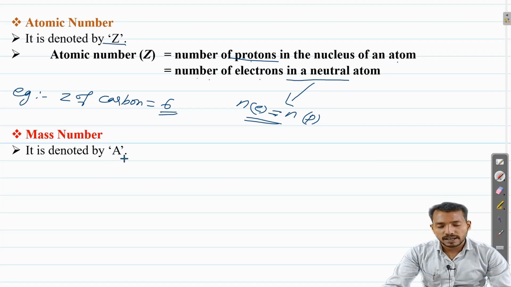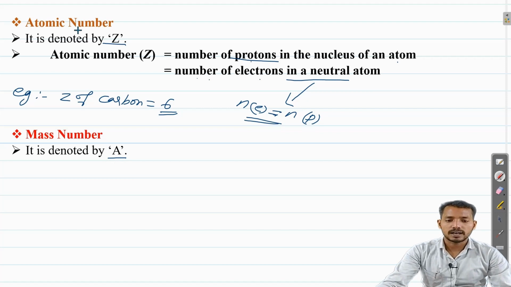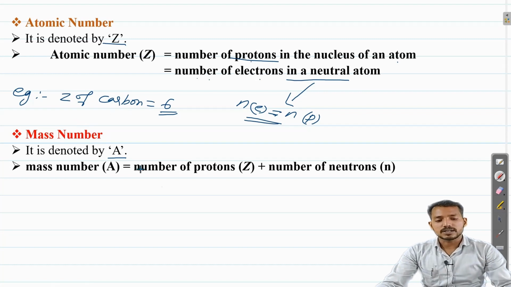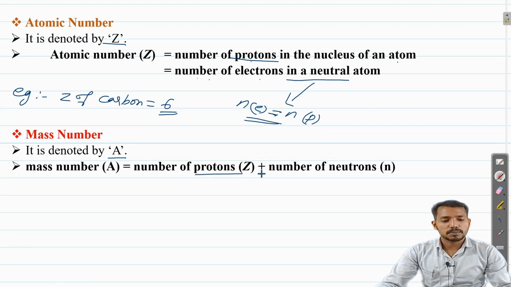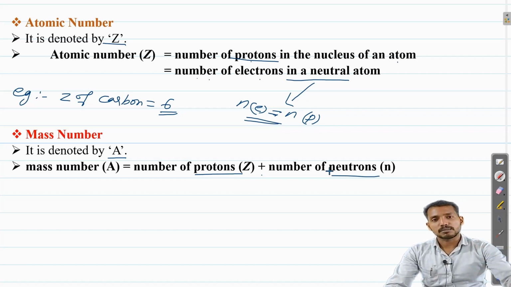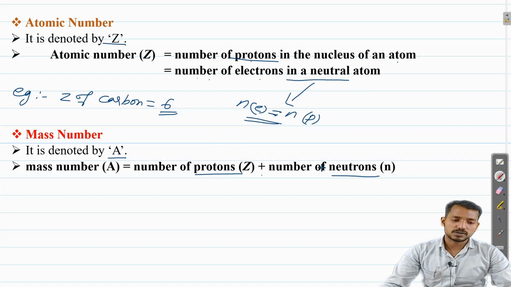It is denoted by capital A, okay, while atomic number is denoted by capital Z. What is mass number? Mass number is equal to the number of protons plus the number of neutrons. Or simply we can say the total number of nucleons, because neutrons and protons together are called nucleons.